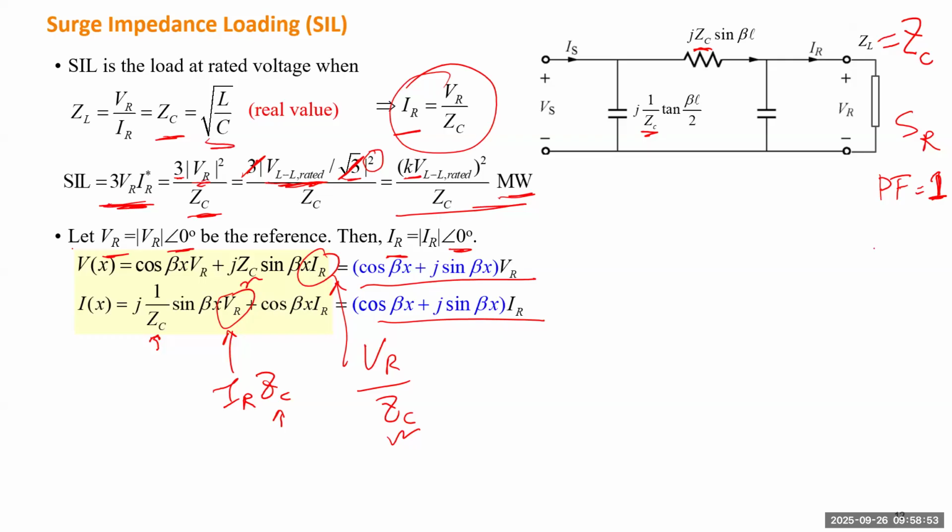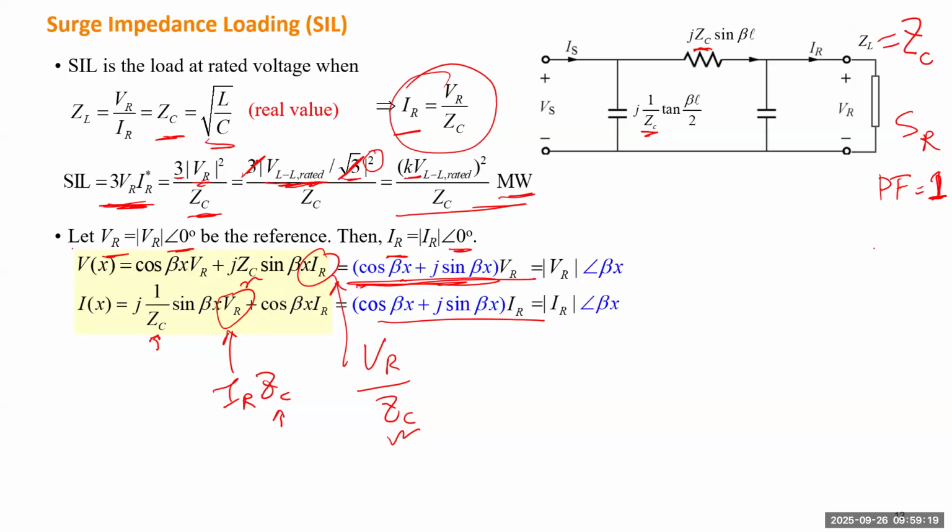Which means the voltage along the distance only depends on VR, the receiving end voltage, and the distance x. And the current only depends on the load current and also distance x. And the factor in the parentheses I colored in blue, you can recognize that one is just a unit complex number with angle of beta x.